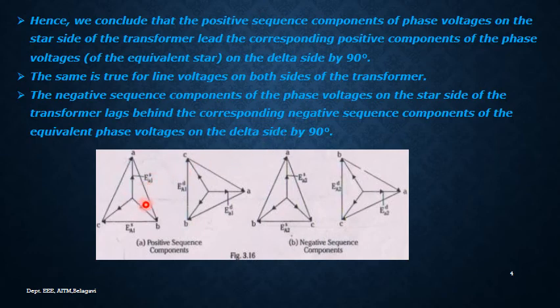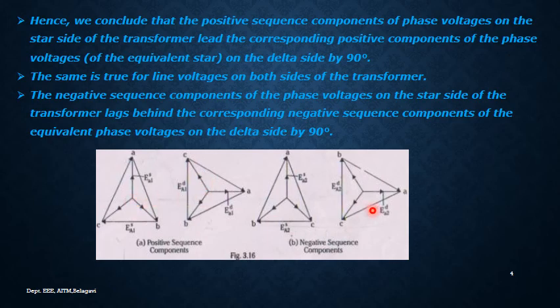So these are our initial positive sequence relations of each voltage. EA, EB and EC are 120 degrees apart from each other. Due to the conversion from star to delta, we found all the phase angles are leading by an angle of 90 degrees with respect to the reference value.